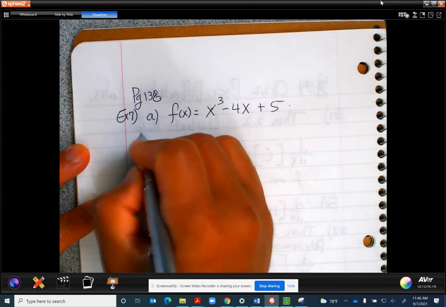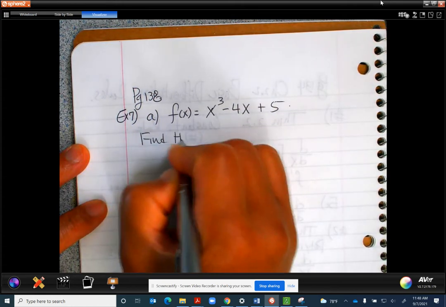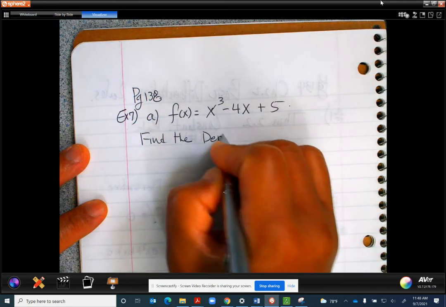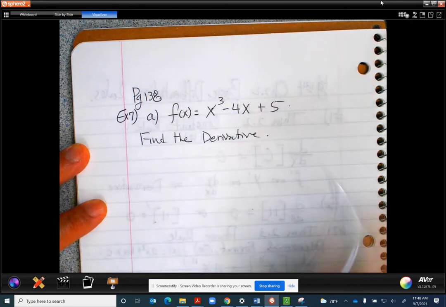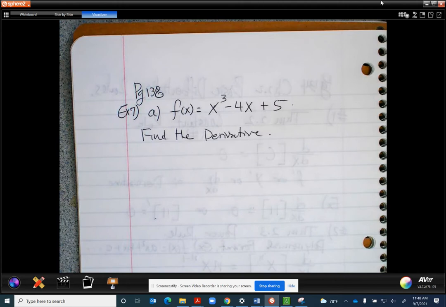You want to find the derivative. I want you to think about this. Go ahead and copy it. I want you to think about it in your head. This is so easy, you can just come up with the answer in your head. I'll give you about 30 seconds to think. Don't tell me.